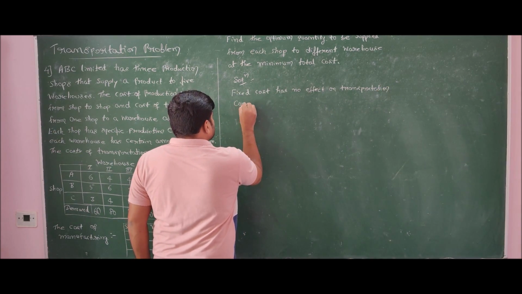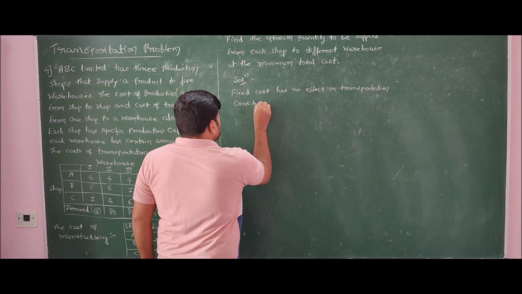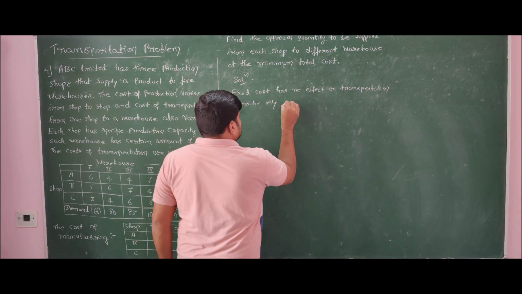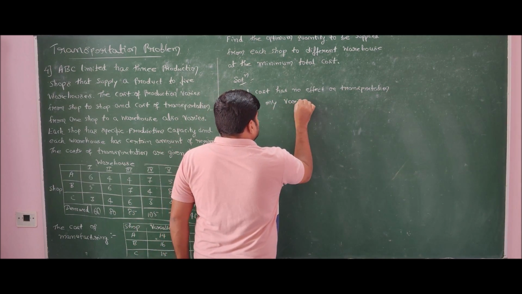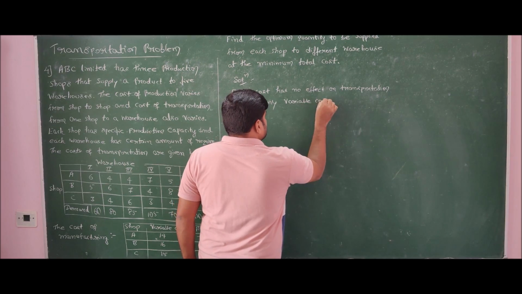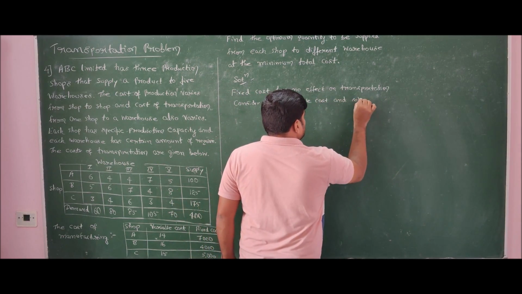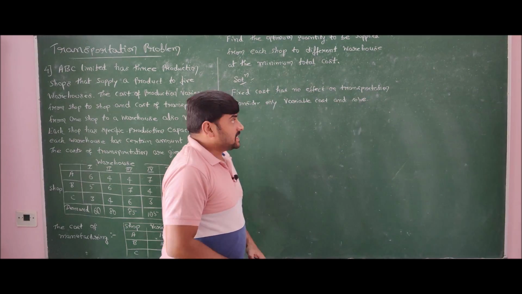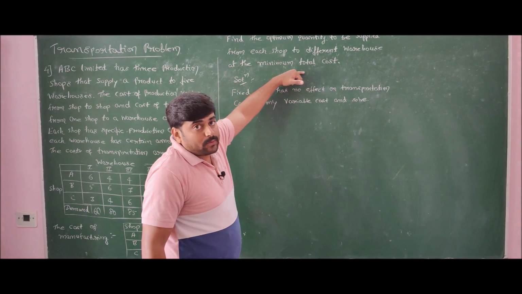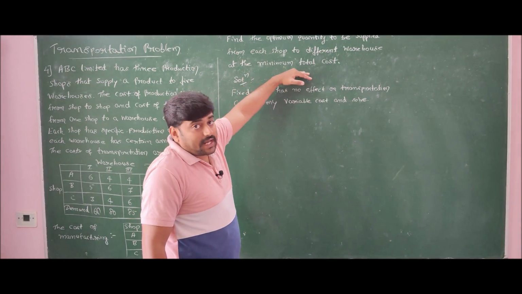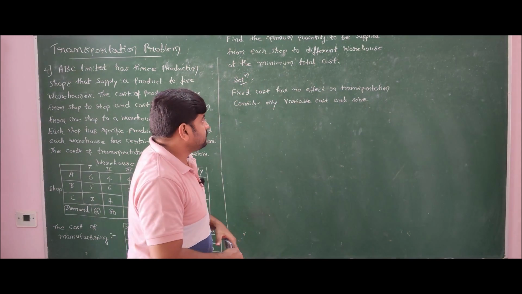Consider only variable cost and then solve. That's why he has asked to find the minimum total cost. He has not asked for the minimum transportation cost. Kindly make a note.